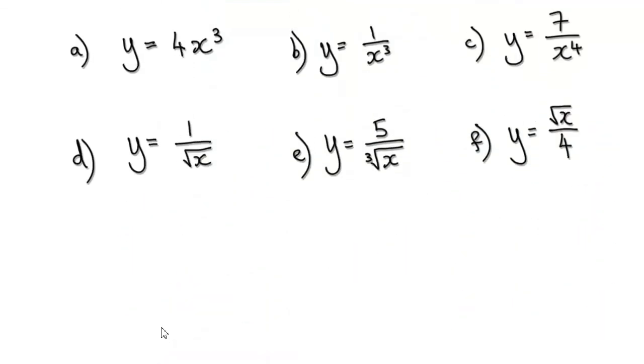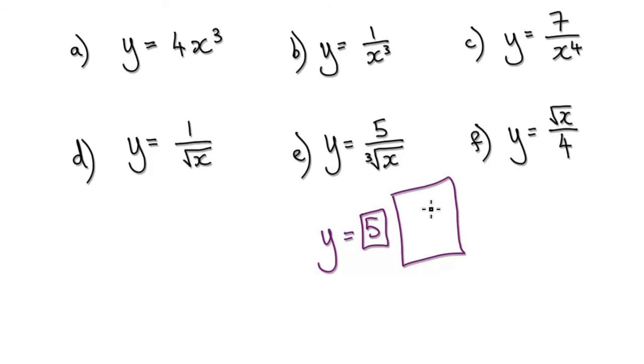So now we are at E. So get it into the desired form. Let's imagine this as being a block of 5 times a block of 1 over cube root of x. So that then becomes a block of 5, and then 1 over x to the power of a third, because that's what cube root is.